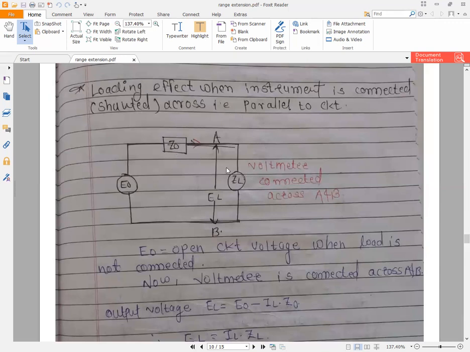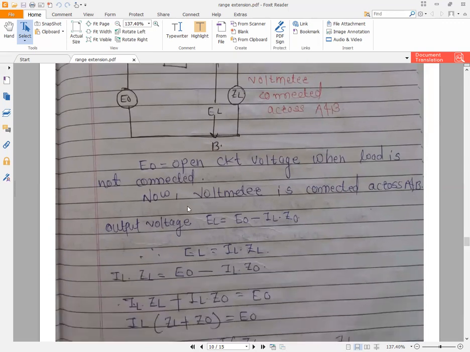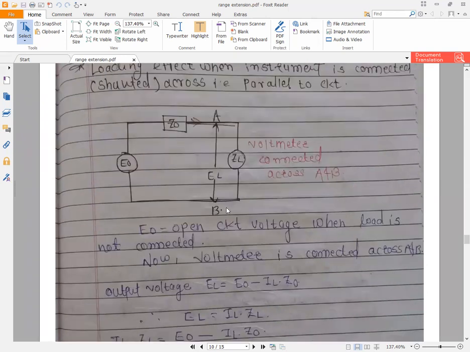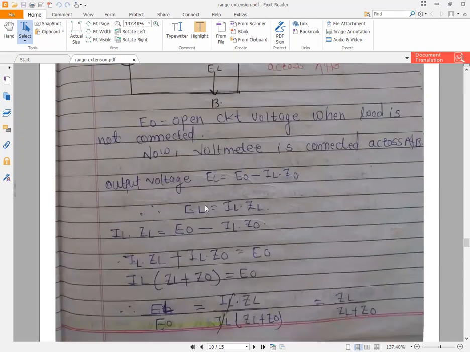Z0 is again taken, and here it is our ZL, with a voltmeter connected across points A and B, giving our EL. Therefore, we can say that EL equals E0 minus IL into Z0. So EL equals IL into ZL.